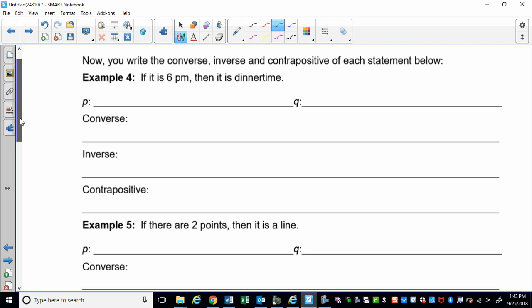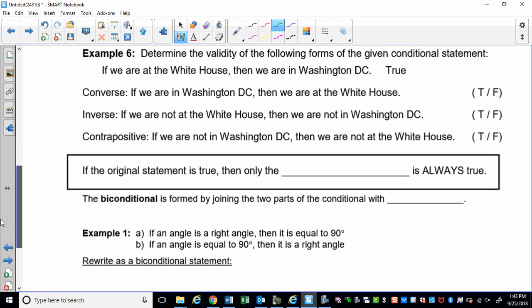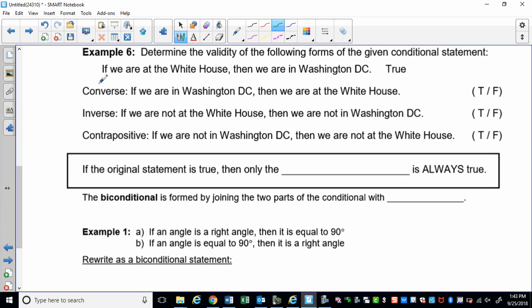All right, I want you guys to try these examples, and I just want to go over the biconditional with you real quick. First, if the original statement is true, then only the contrapositive is always true, always.